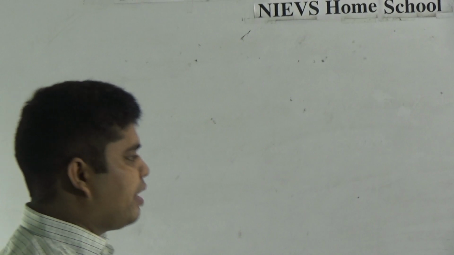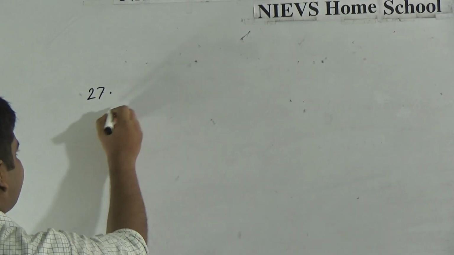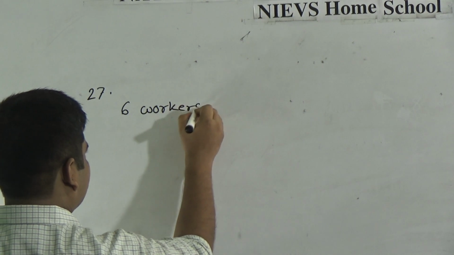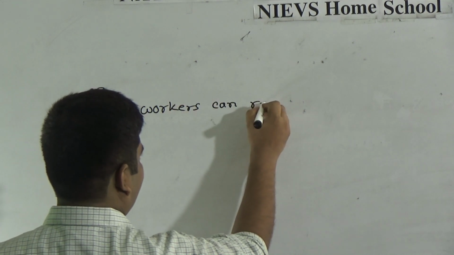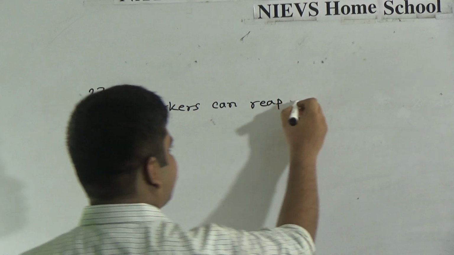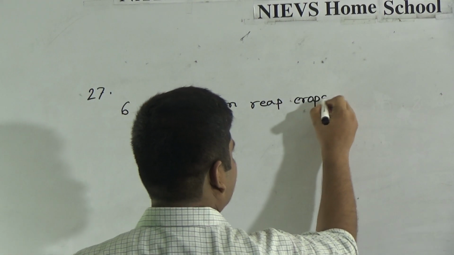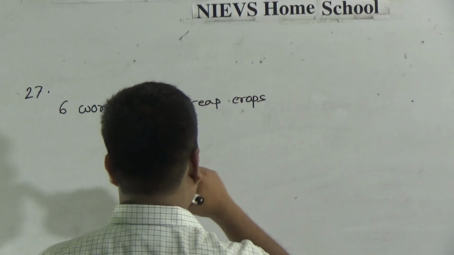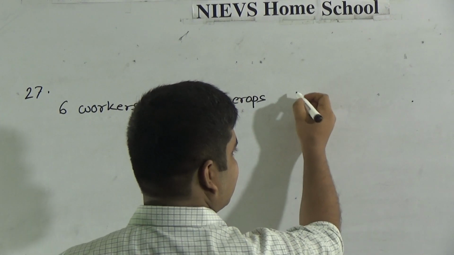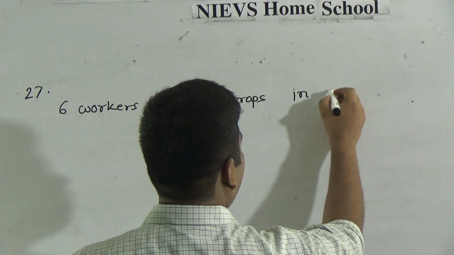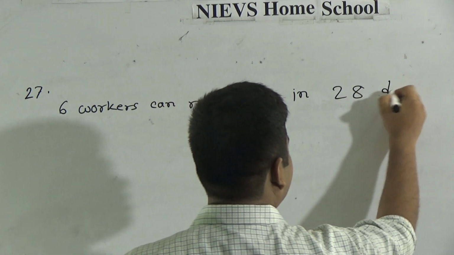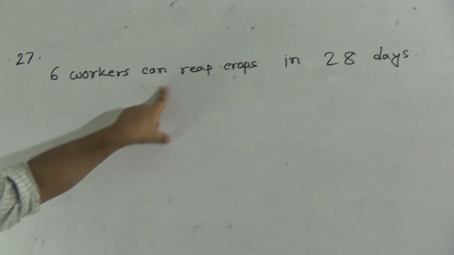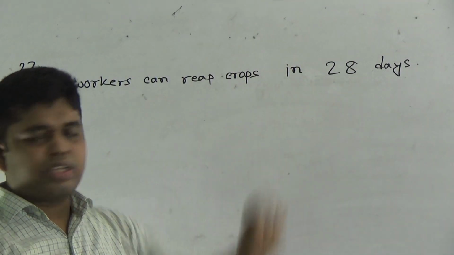So first of all we write 6 workers can reap crops in 28 days. Okay, 6 workers can reap crops in 28 days.